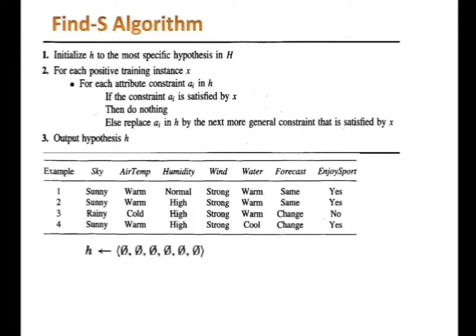The first step is to initialize H to the most specific hypothesis as this. The first training example is positive and it says that the first attribute is to be sunny, but in the hypothesis no value is accepted. Hence we need to modify this hypothesis by generalizing it.